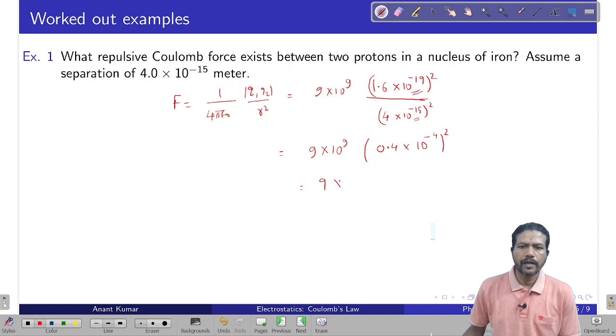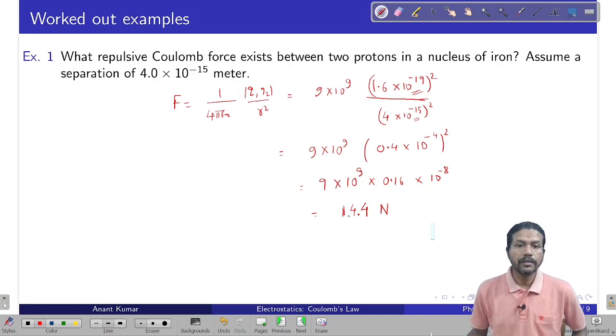That makes it 9 × 10^9 × 0.16 × 10^-8, and 10^9 and 10^-8 combine to give 10^1, which is 10. So that 10 I multiply with 0.16 to get 1.6, and finally we multiply 9 and 1.6. That gives 14.4 Newton.